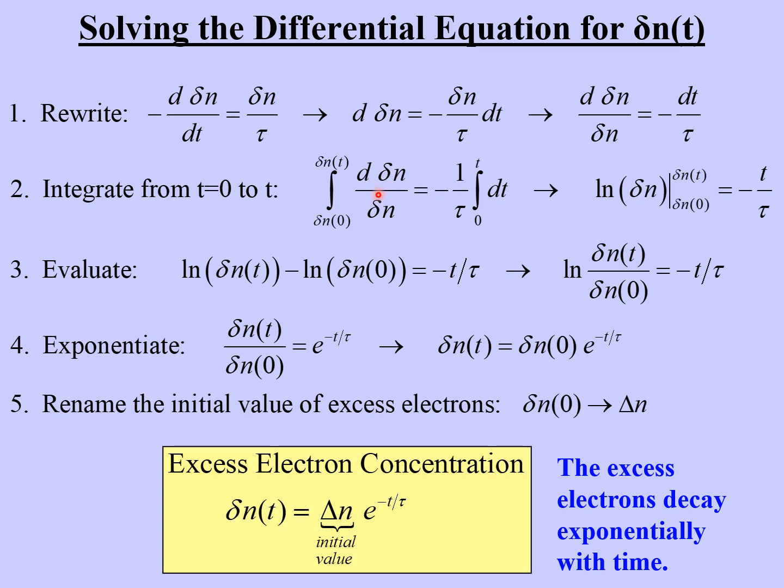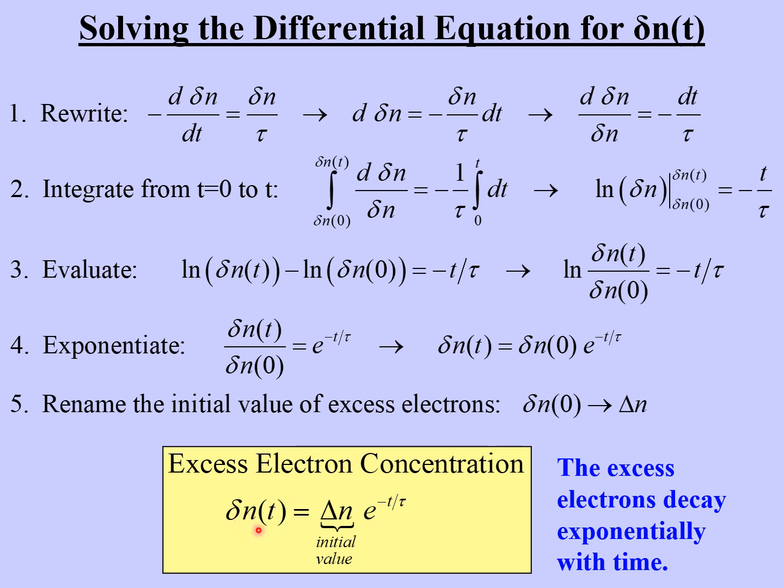When you integrate d delta n divided by delta n, that's a simple integral that you learn in calculus. That's just a natural log. And so by doing the math here, we end up with this simple result.